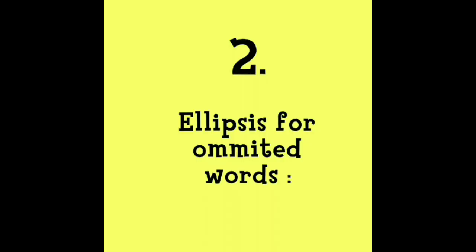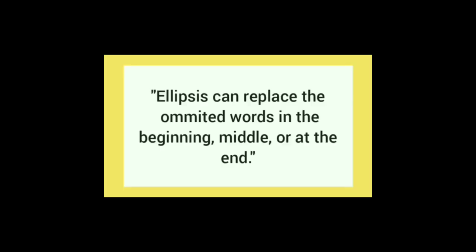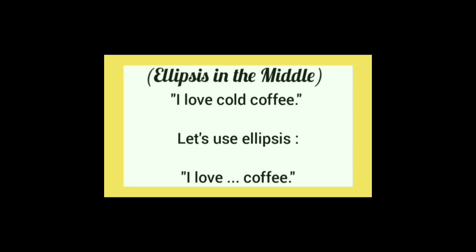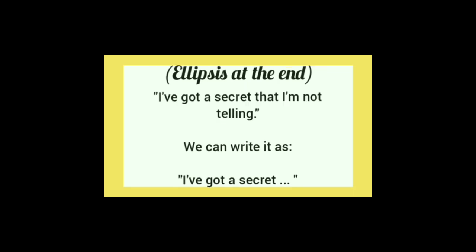Ellipsis for omitted words. Ellipsis can replace the omitted words in the beginning, middle, or at the end. Ellipses are used at the beginning in this way. Ellipses in the middle are used in this way. Ellipses at the end are used in this way.